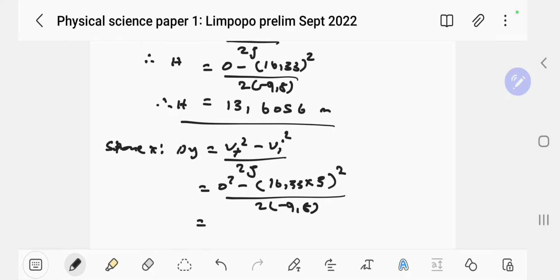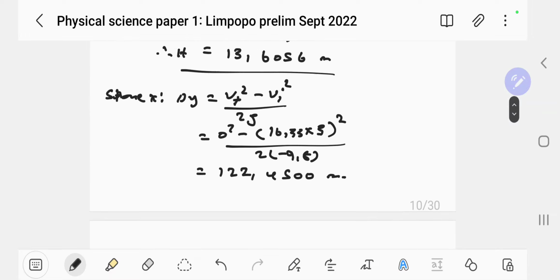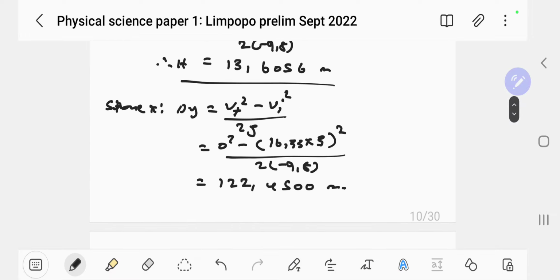Again, we're going to have 16,33 times 3, put it inside the bracket, squared, divide by 2 times 9,8. So here I'm getting 122,4500 meters.